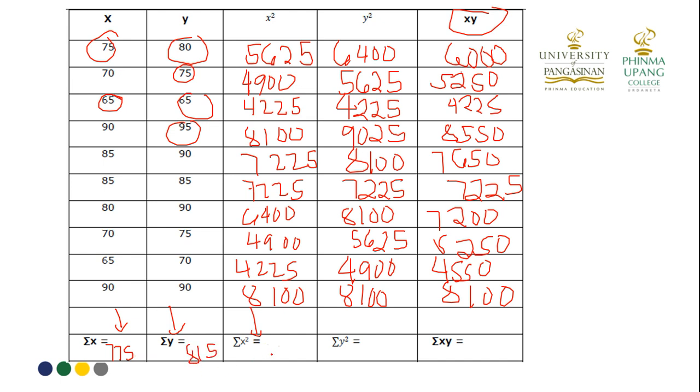How about summation of x squared? 60,925. How about summation of y squared? 67,325. How about summation of xy? 64,000.